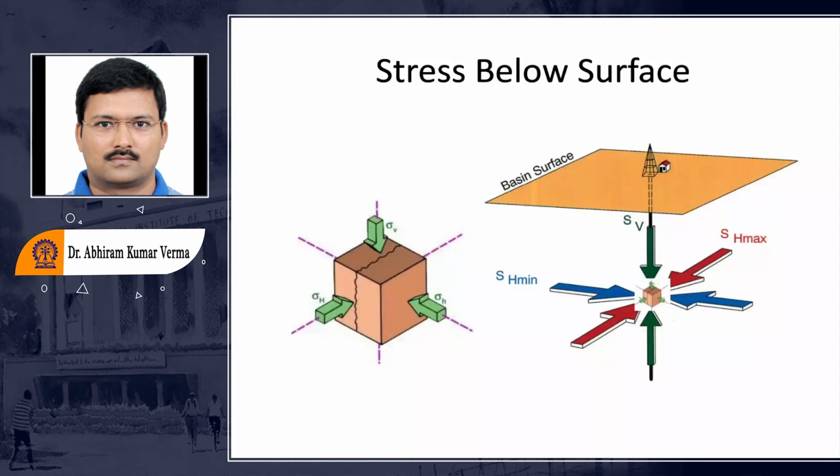This is very important for the stability of a structure. For any structure, or for this cube, if I'm trying to define the factor of safety, we will be interested in finding the strength and the stress. The ratio of strength to stress is called the factor of safety.